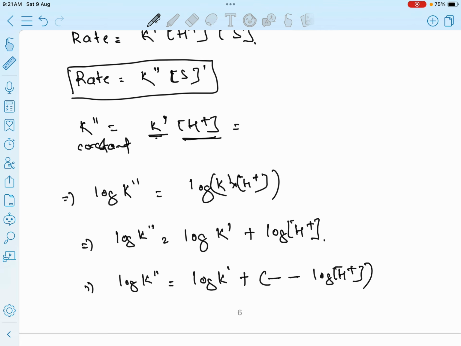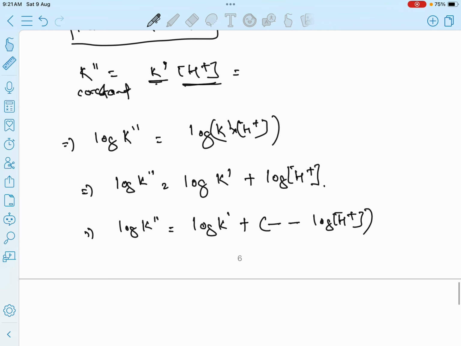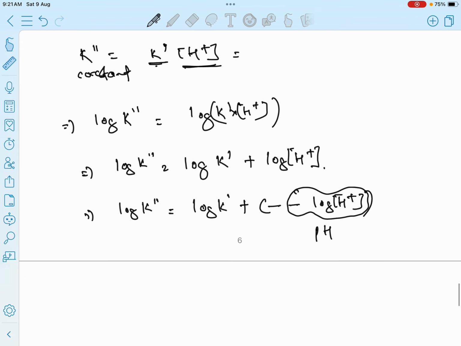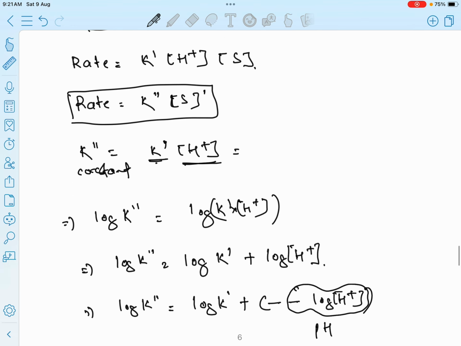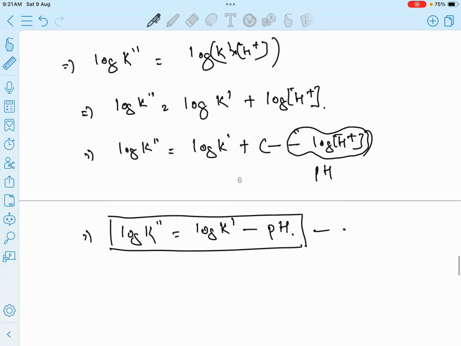This term will become pH, because pH is the negative logarithm of H plus ion concentration. Therefore the equation becomes log K double dash equals log K dash minus pH, and this is your equation number 7.